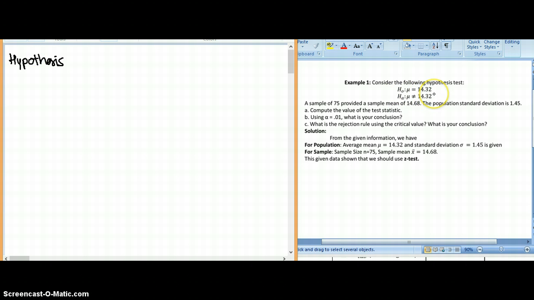H0, that is null hypothesis, mu is equal to 14.32, and alternative hypothesis is mu not equal to 14.32. We know that whenever null hypothesis is equal and alternative hypothesis is not equal to type, then this is called a two-tailed test.